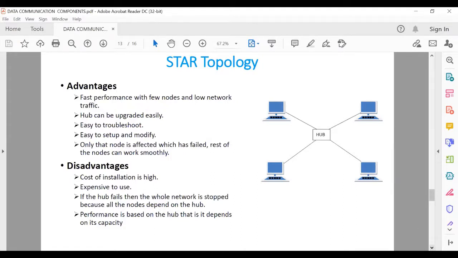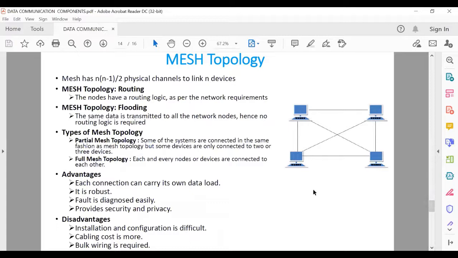Next is the mesh topology, where the nodes have a routing logic. I will discuss this later.